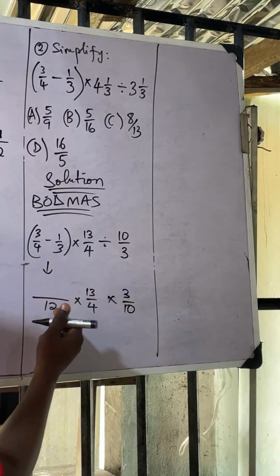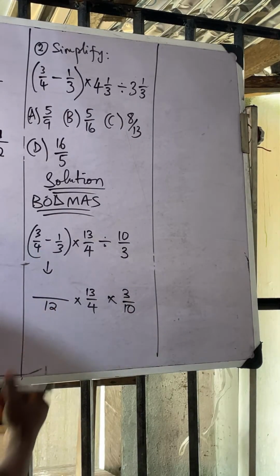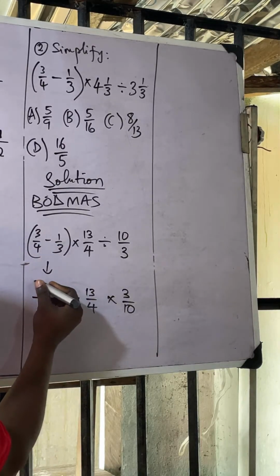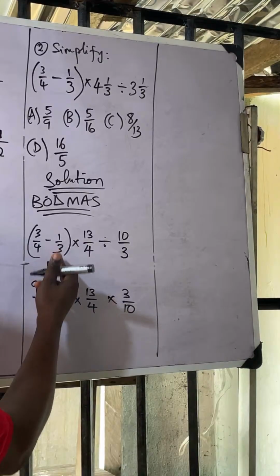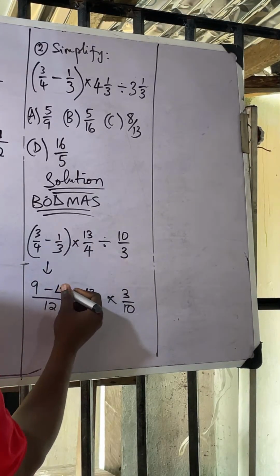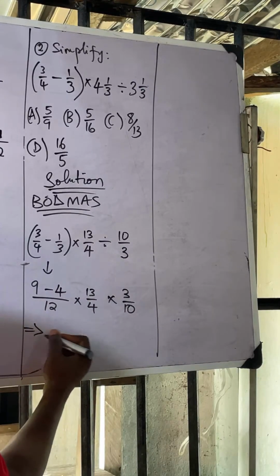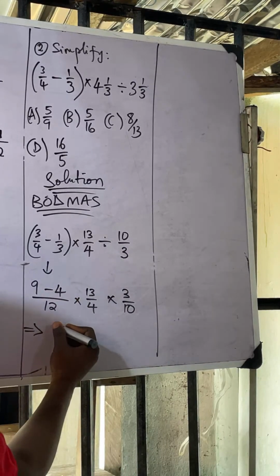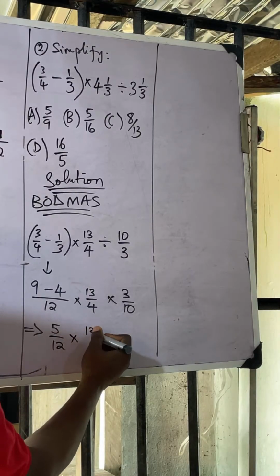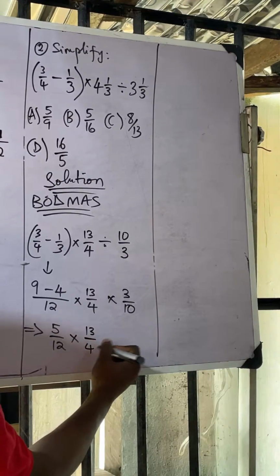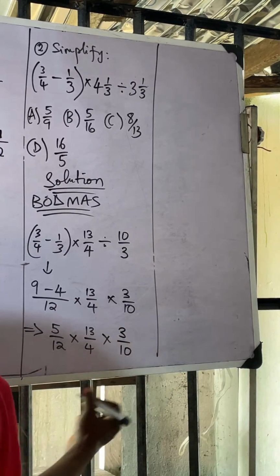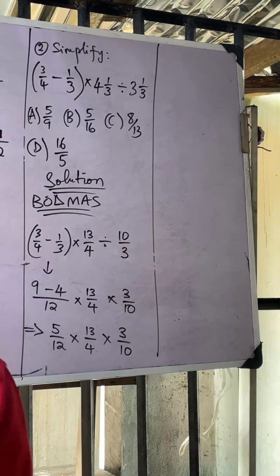Then 4 divide 12 is 3, 3 times 3. 3 divide 12, 4 times 1. So at the end, 9 minus 4 will give you 5 over 12 times 13 over 4 times 3 over 10. So that is what we have here.